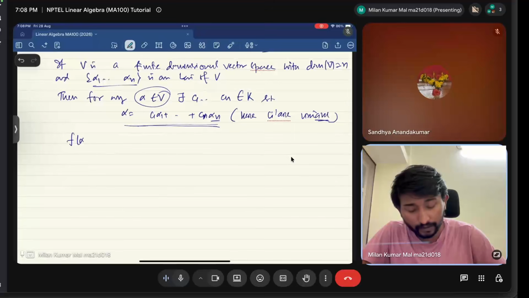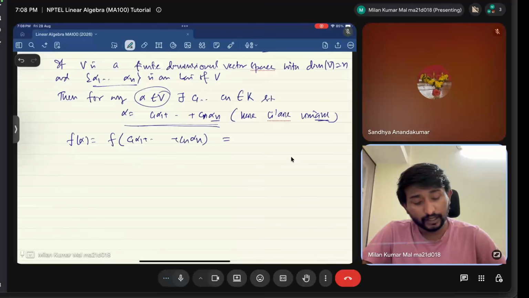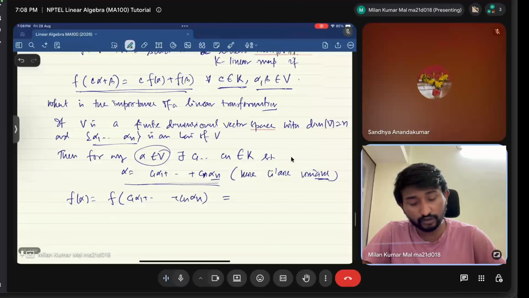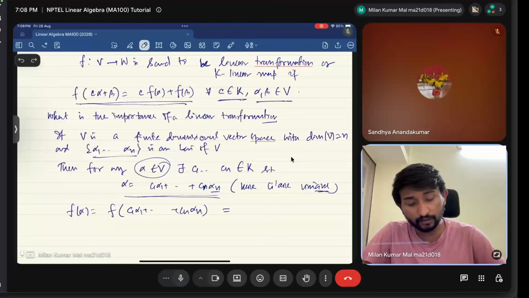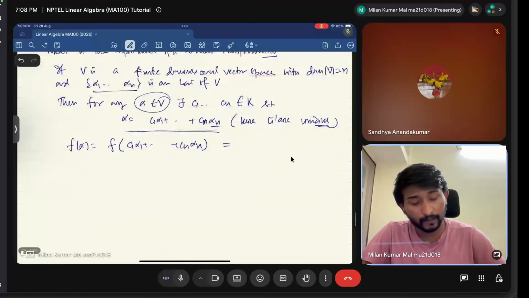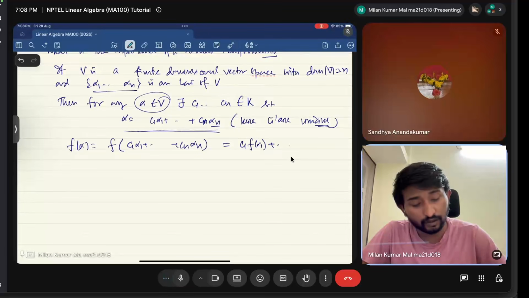Then f of alpha is f of c1 alpha 1 plus all the way to cn alpha n. Using this rule of the linear transformation, I will get c1 f of alpha 1 plus all the way to cn f of alpha n.